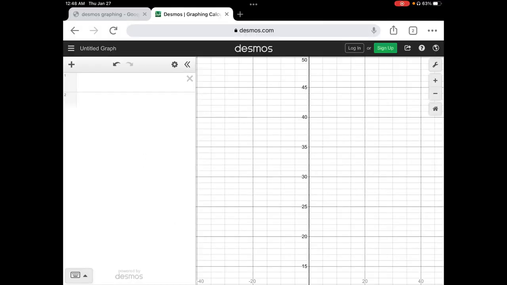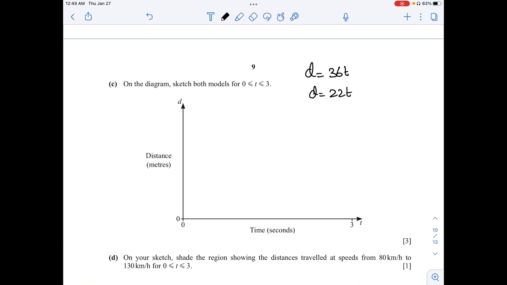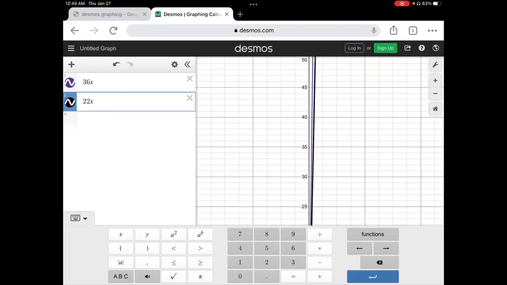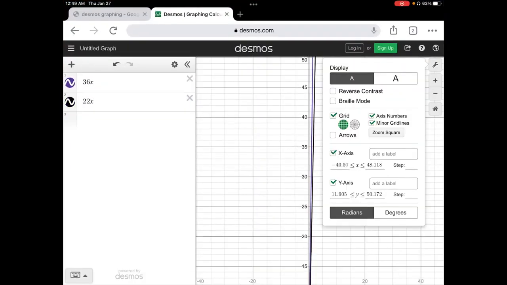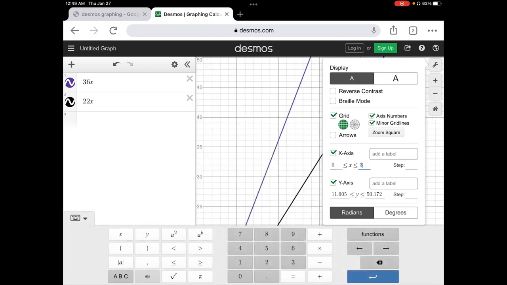Coming to the graphing calculator, 36x, a straight line, and 22x, a straight line, but it should be between 0 and 3.